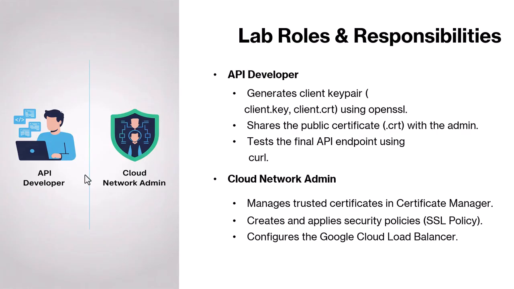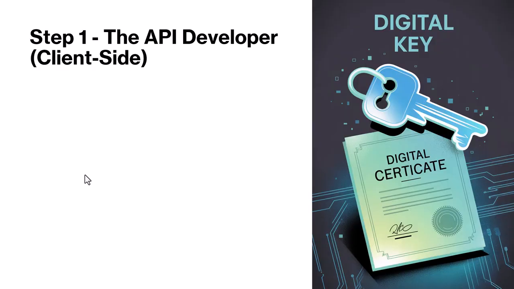So let's move on to the next slide, which is about the first step for the API developer, on the client side. This is the first hands-on step on the actual Google Cloud Console. The goal is to create a key and a public certificate.